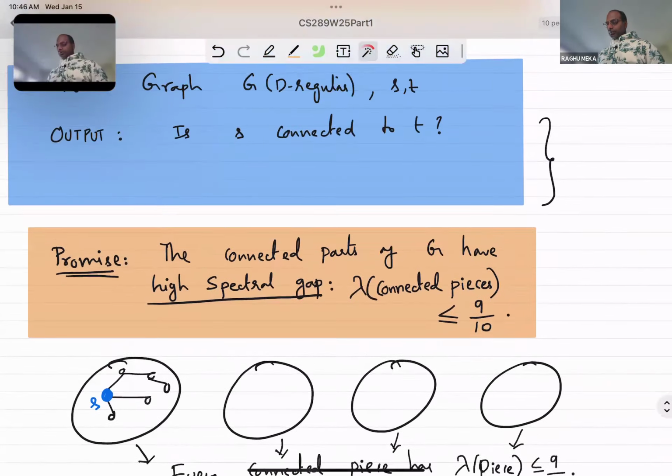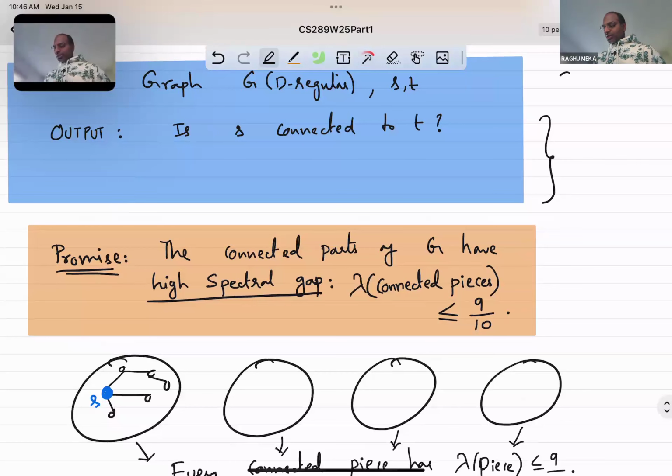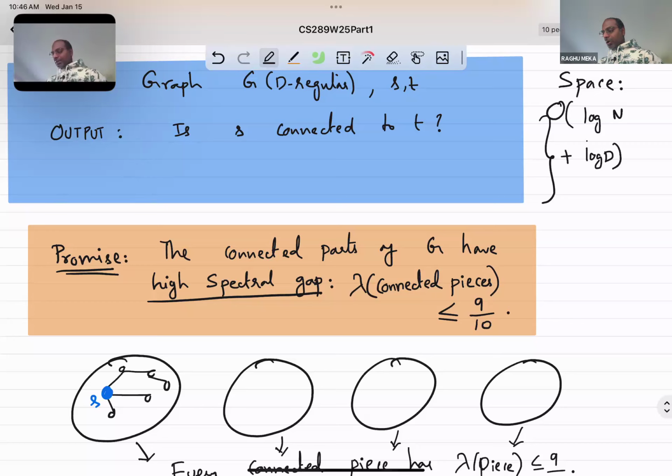Okay? So putting these two things together with the brute force algorithm, we get space complexity, which is O of log n plus log d times log n. Okay. So does this make sense?